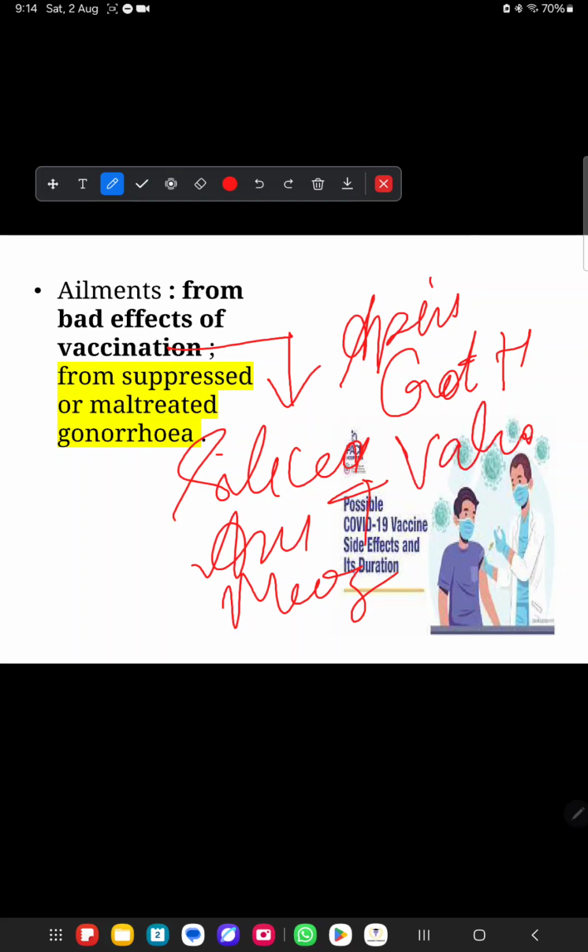Vaccinum is also there. Variolinum is also there, and Malandrinum is also there. These are the medicines we can think of where bad effects of vaccination are found.